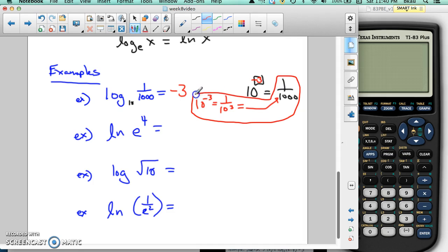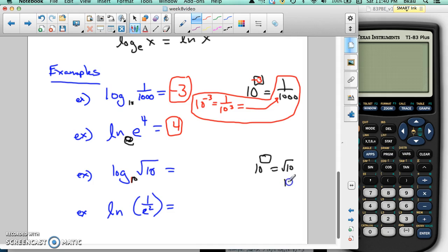The second one is base e. Since they're inverses of one another, the e and the log drop out, and this is going to be 4. It's just the exponent on the e, because these are inverse functions. Now this is base 10, and we need 10 to what power gives the square root of 10.